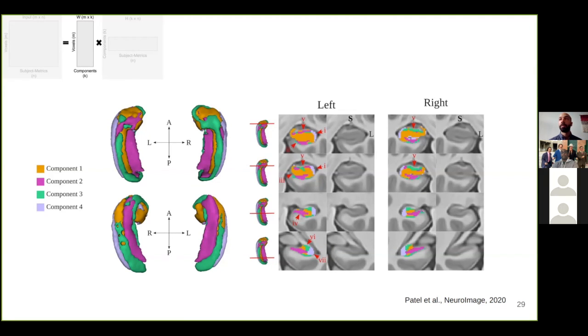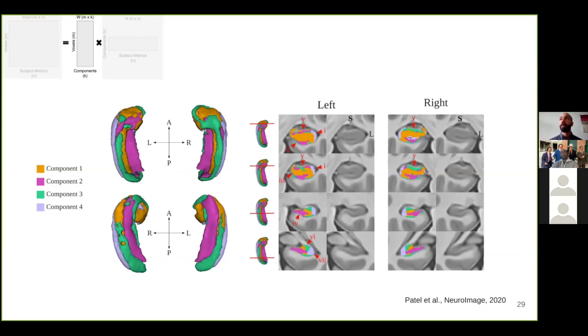So I think if you're familiar with hippocampus anatomy, the biggest takeaway, or maybe the first thing you say when you look at this image, is they are subfield-like but not identical, which I think is what I expected going in. So we have 4 components. The largest component is the orange, and it's concentrated in the center of the hippocampus, and it's I guess most similar to a CA4 dentate gyrus-like subfield.